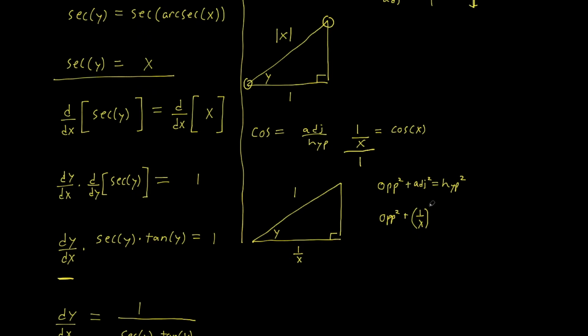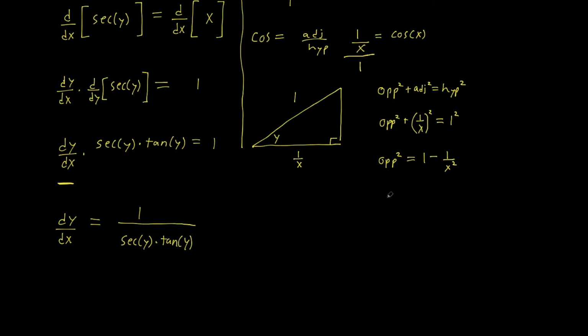That's just going to be equal to 1 over x squared, equals the hypotenuse, so 1 squared, which of course is just going to equal 1. So we have opposite squared, subtract 1 over x squared from both sides, and we get 1 minus 1 over x squared.